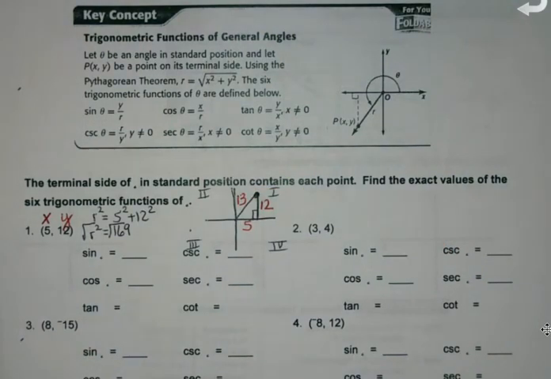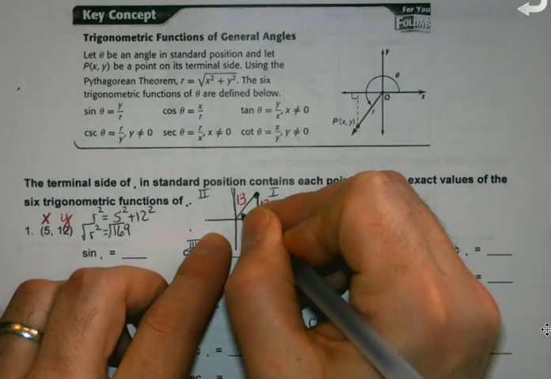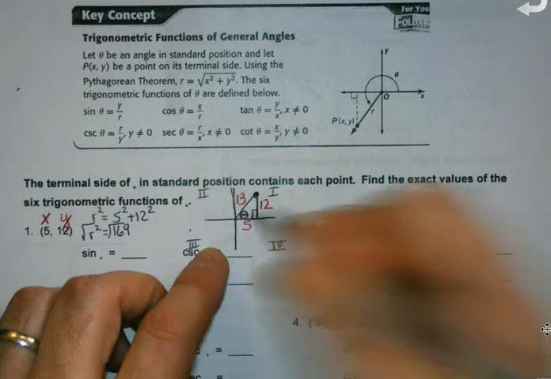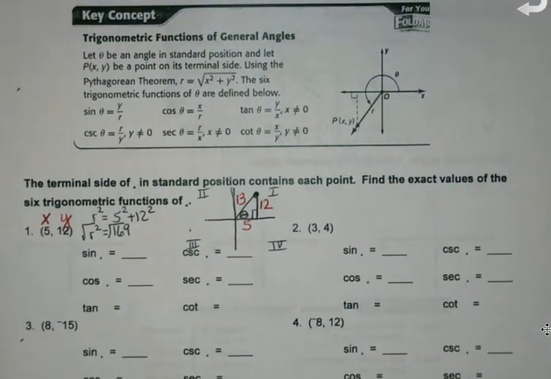And now it's just like what we were doing on the first day of right triangle trig. I have all of my sides. You're like, yeah, but what angle am I working from? That would be a good question if you hadn't thought of it. We're always going to be using the angle that's working along the x-axis. Okay, so my theta in this case is going to set up right here.